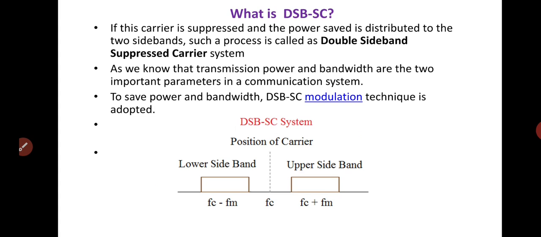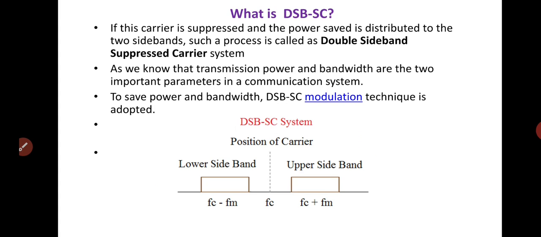So in today's lecture, we will discuss the necessity of the suppression of the carrier and a single sideband. Now let us start the discussion with DSB-SC.